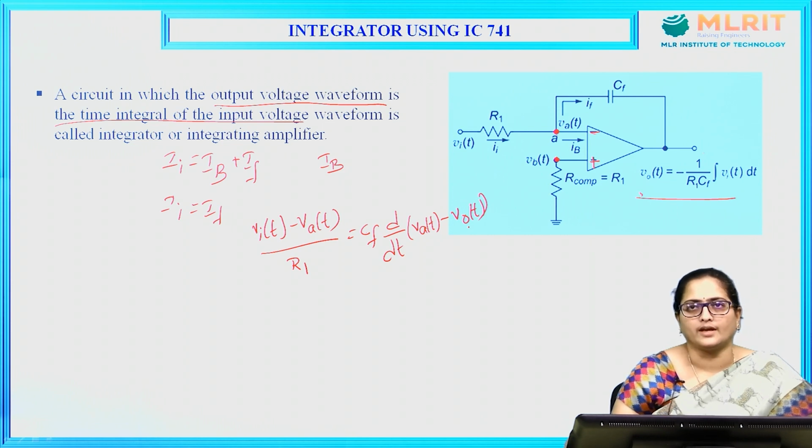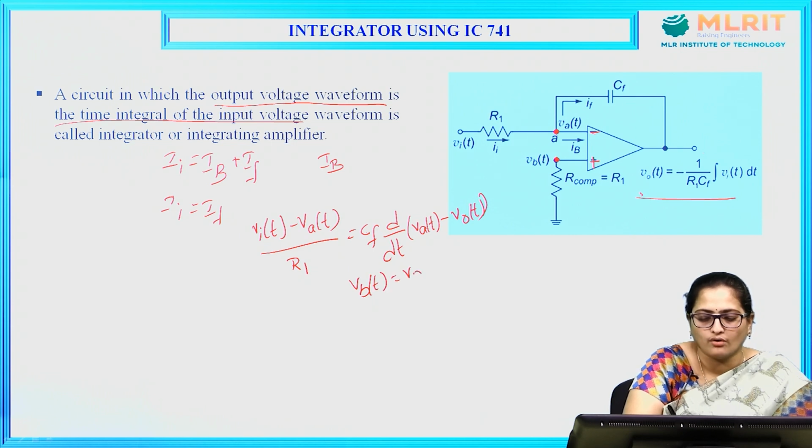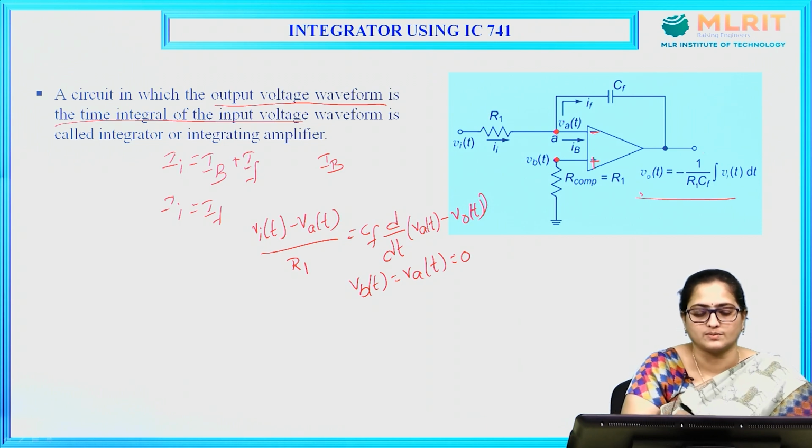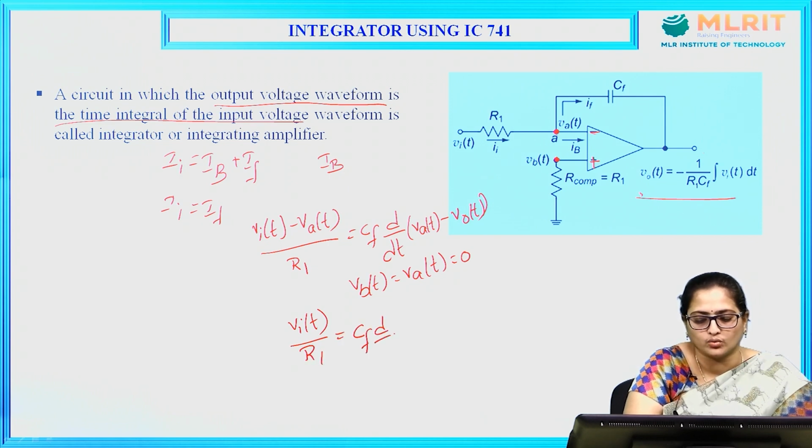By applying the virtual ground concept, VB of t equals Va of t, which equals 0, and you can rewrite this expression as Vi of t divided by R1 equals CF into d by dt of minus V0 of t.